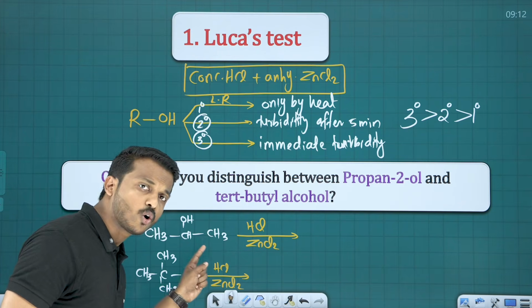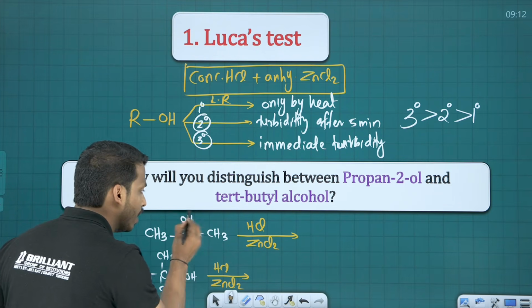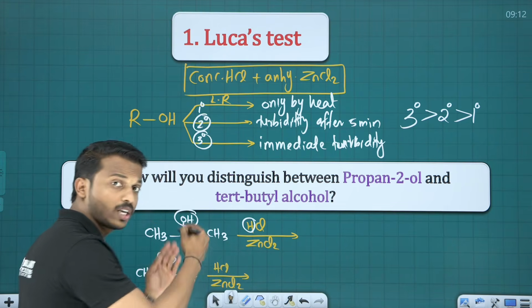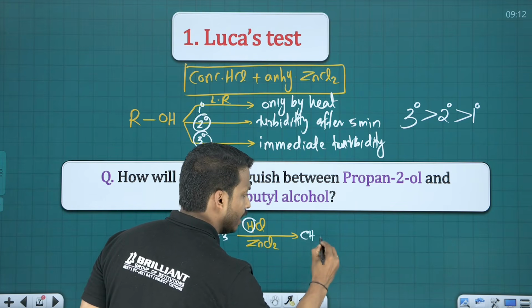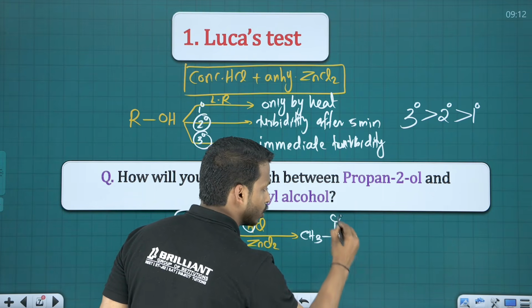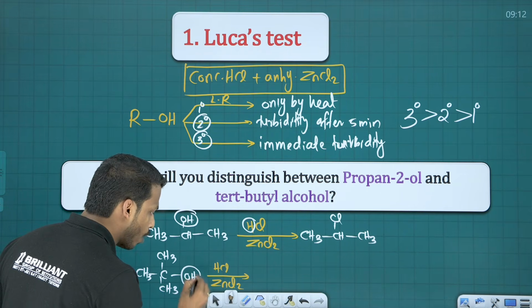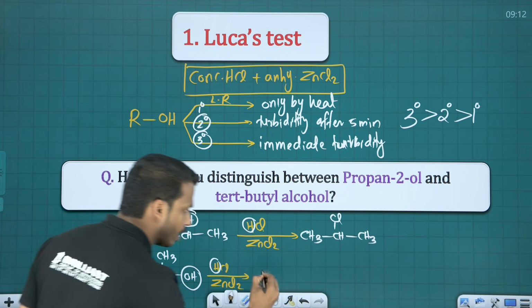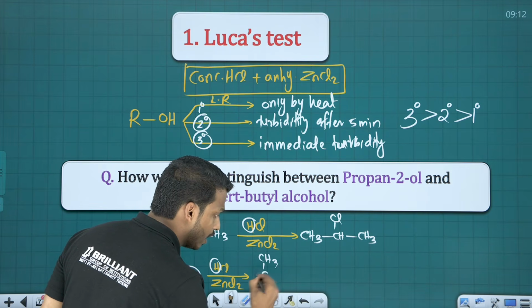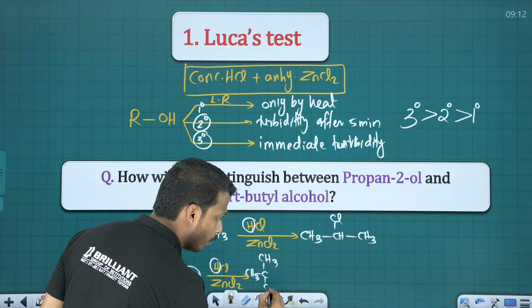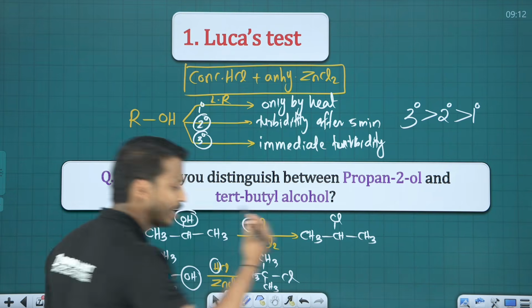When the secondary alcohol reacts with HCl, the OH and H go out as water, and chlorine gets attached to the CH. You will get a haloalkane. In the same way, here the OH is removed with an H and chlorine comes to the place. We get tert-butyl chloride.